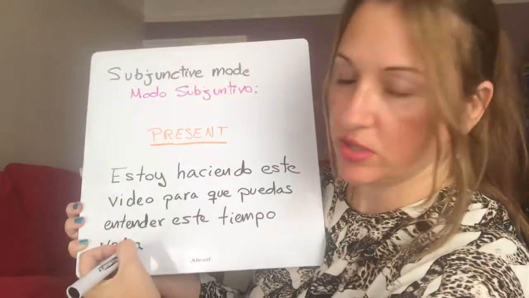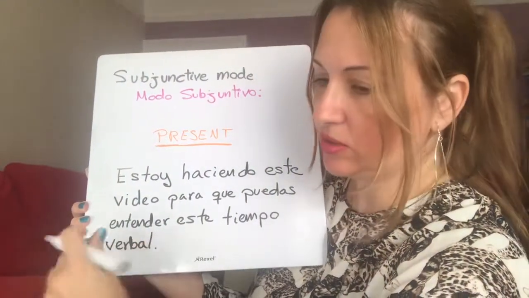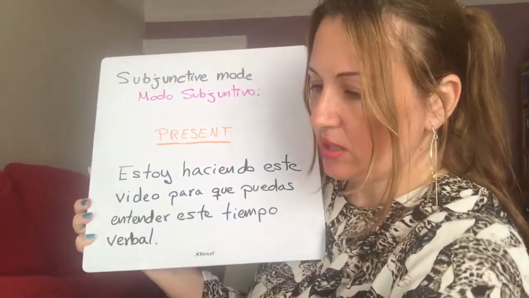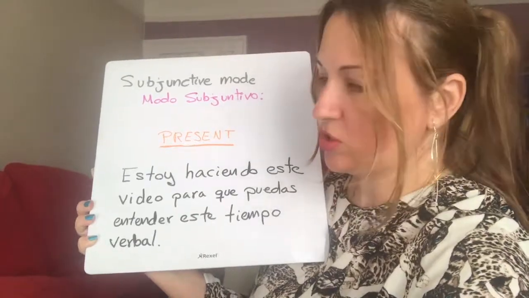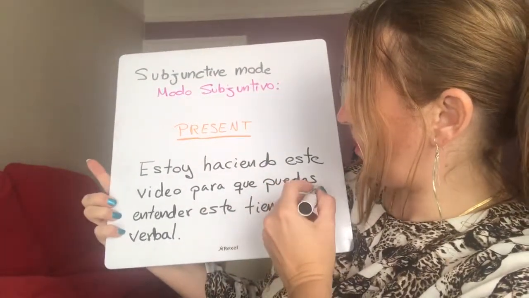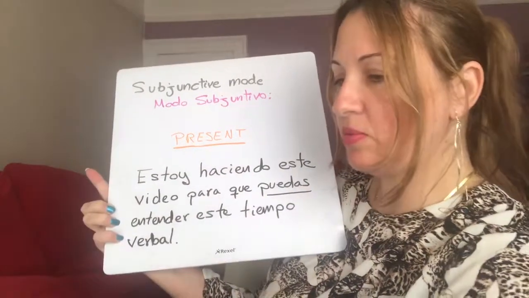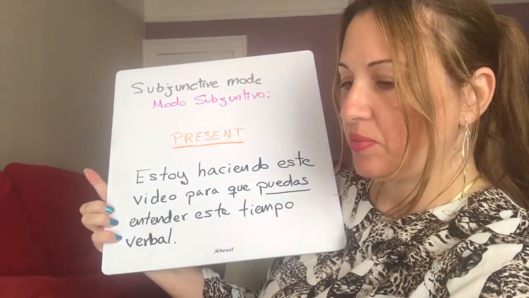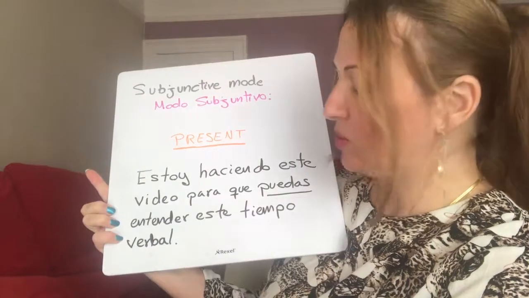That is a very long sentence. That's my style. I like to write and talk a lot. I'm accused of this. Anyway, so "puedas" would be the present in the subjunctive mode.